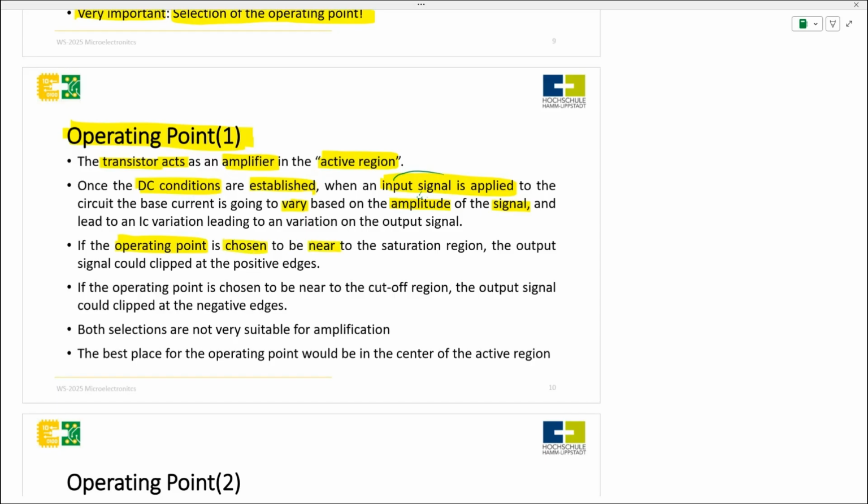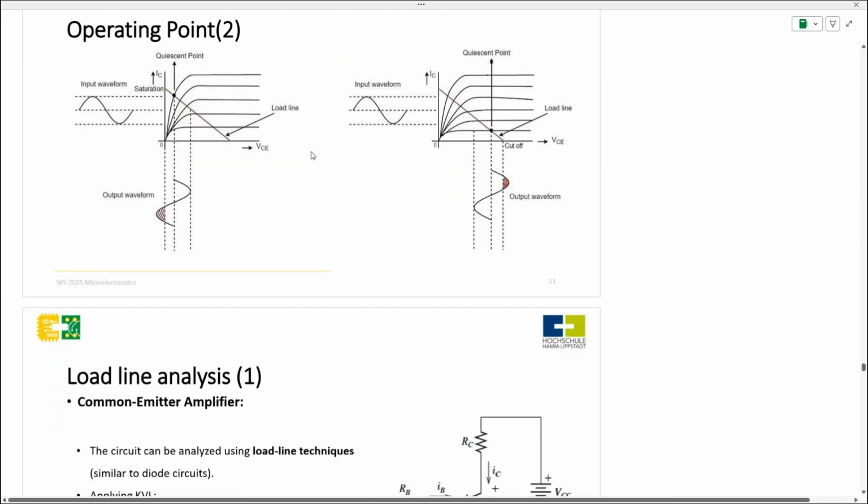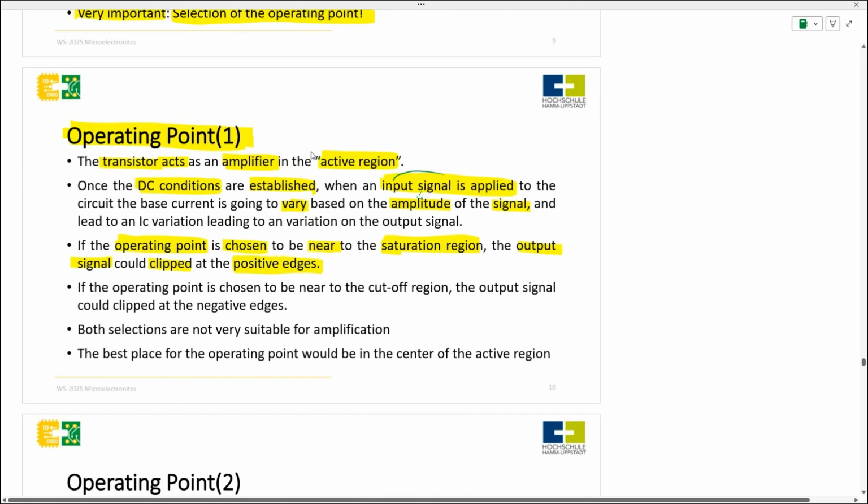When the operating point is chosen to be near the saturation region, the output signal could clip at the positive edge. Of course, this is textual, but the best way to see it is by a graph, and we will be having a lot of graphs next, so it's fine.